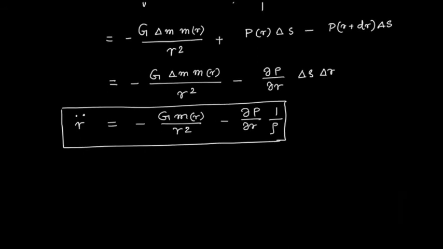I can change this equation a little bit. Remember that 4 pi r square dr rho times this is dm. So for rho dr in the denominator, I can trade it for dm by 4 pi r square.